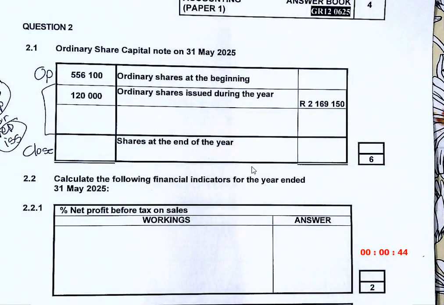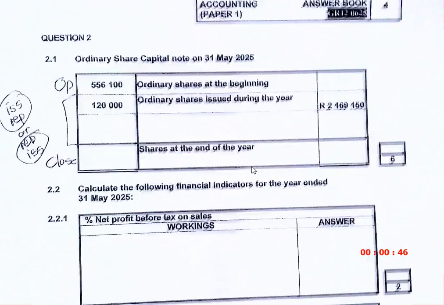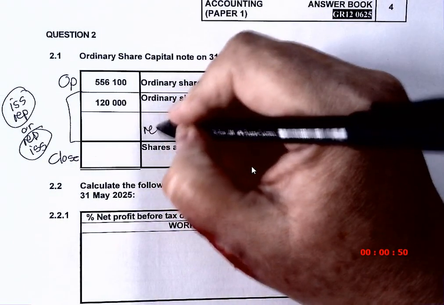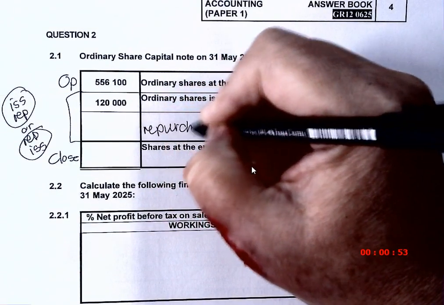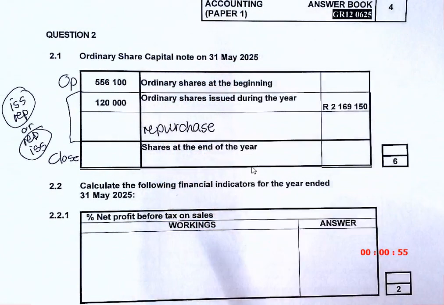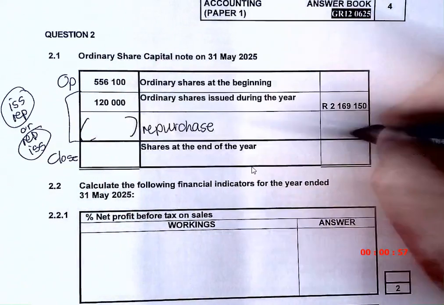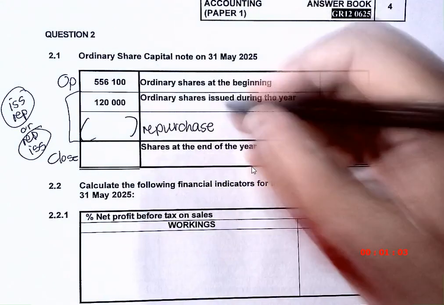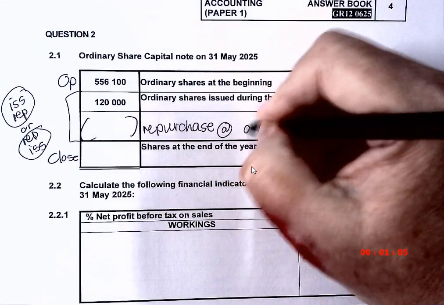Now, when we do repurchase, can you see the issue is here, so I know the repurchase is going to be here. And before you do anything else, you bracket the units and the rand. That's the first thing you do. And you say to yourself, at average.